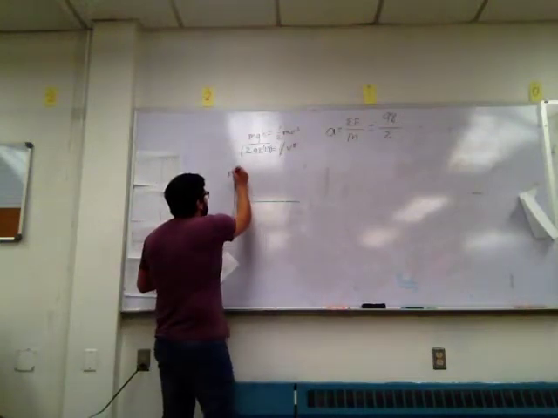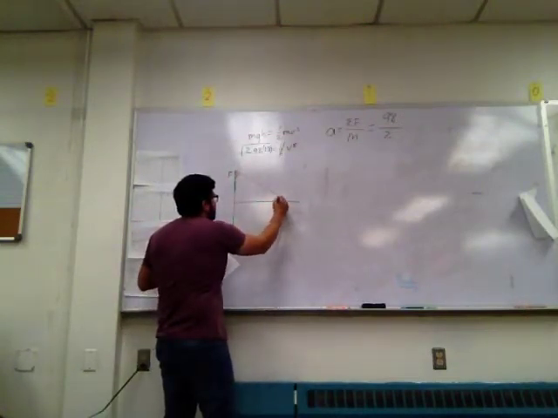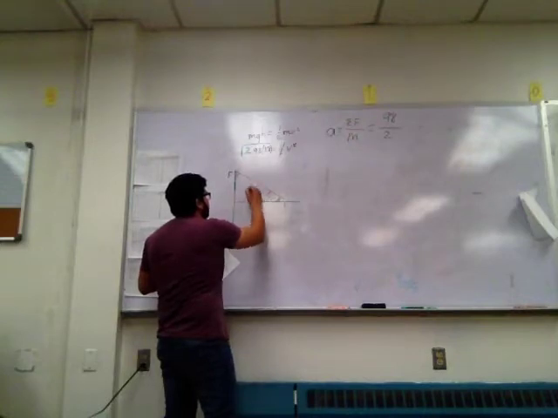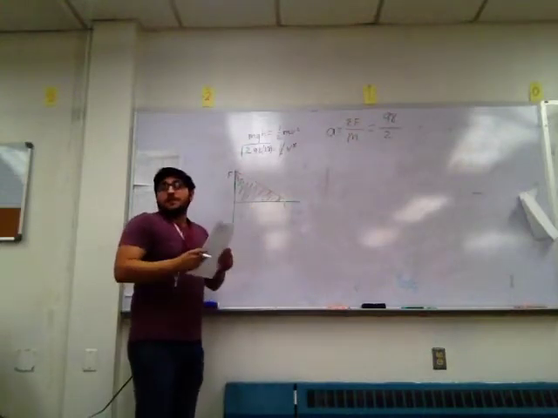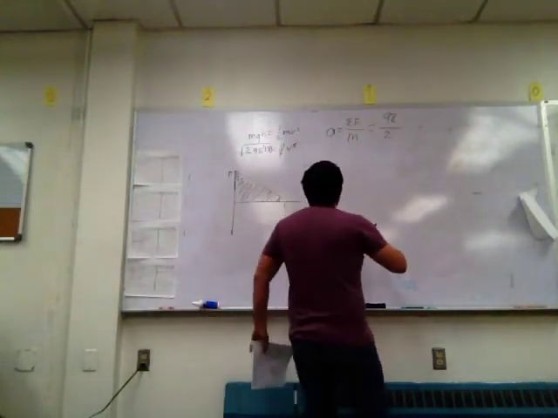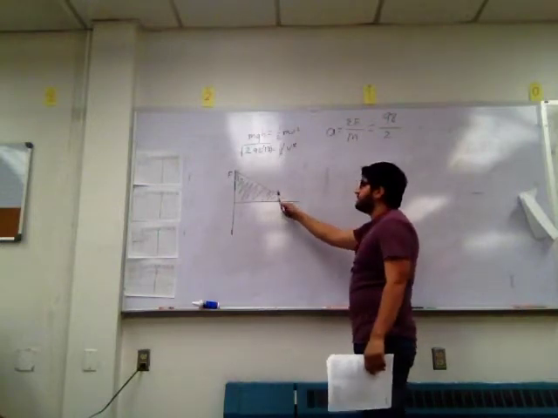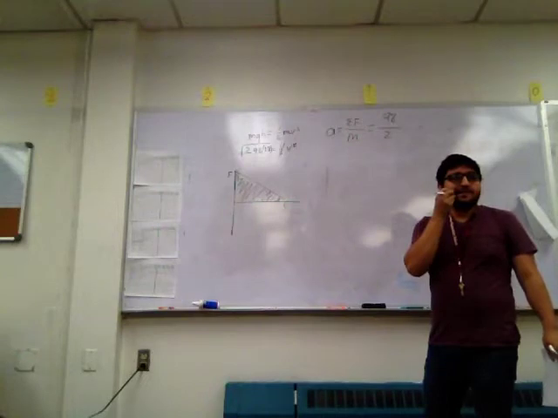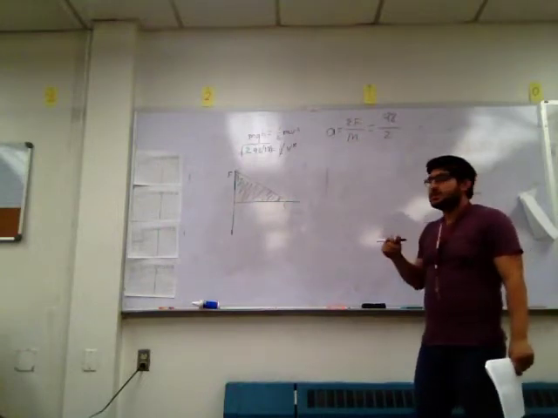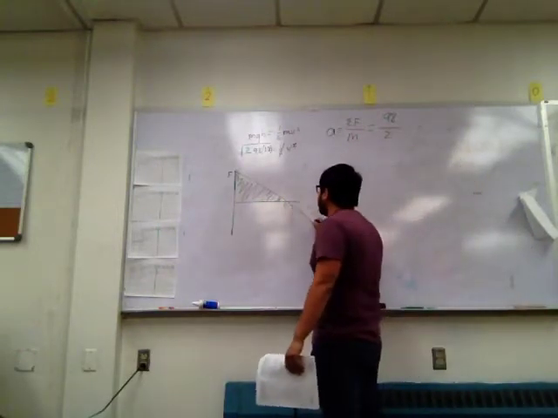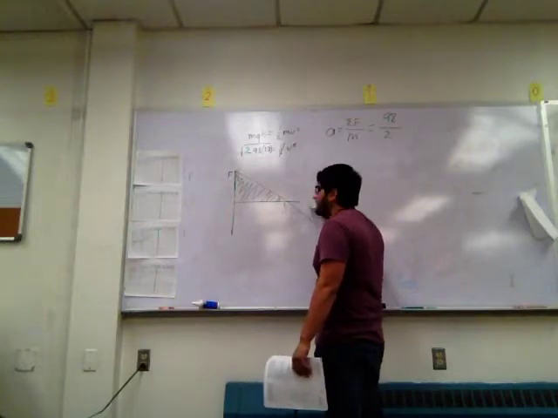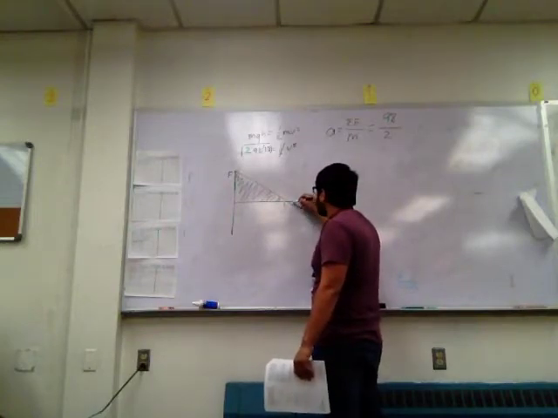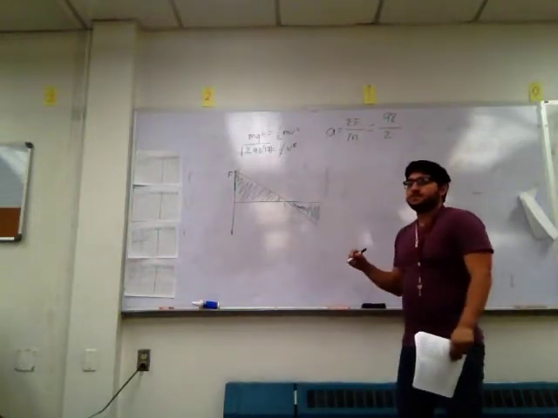So the change of momentum looks like this, right? So this is the impulse, right here. So is that positive or negative impulse? Positive. Positive impulse. Negative impulse would be down here. With me?